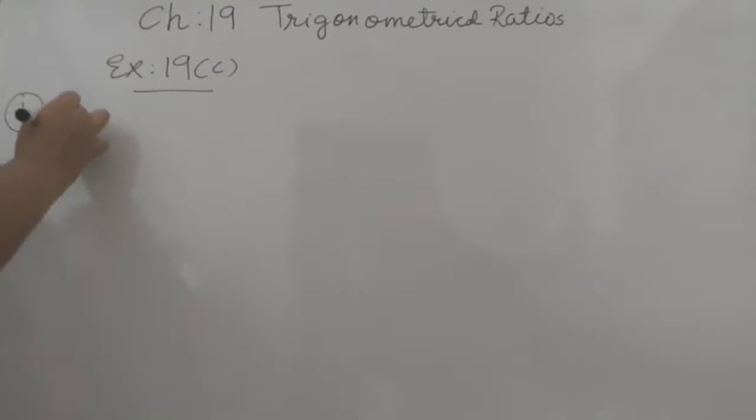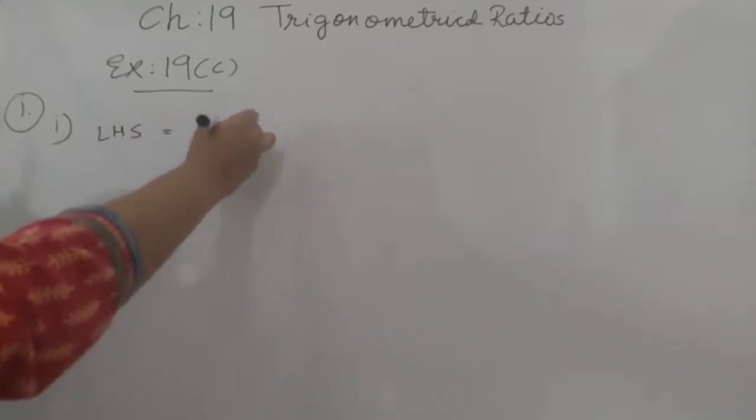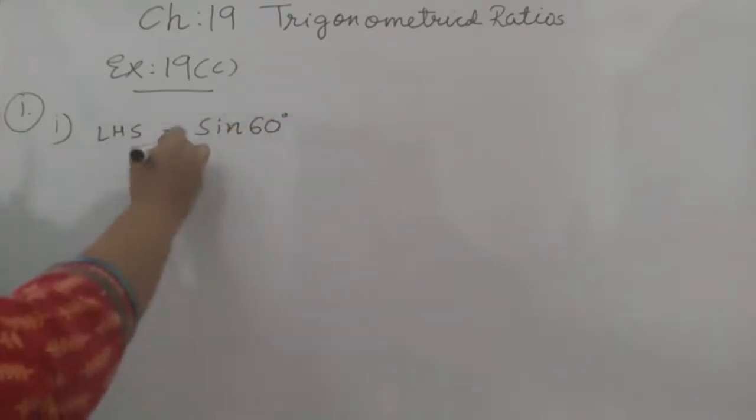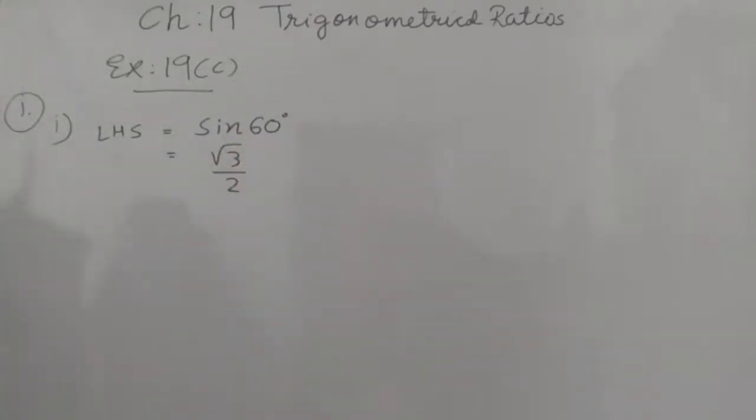So I am proving this first. Always in a proof we write the left hand side, sine 60 degree. The value of sine 60 degree is root 3 by 2. Now right hand side I'll take.